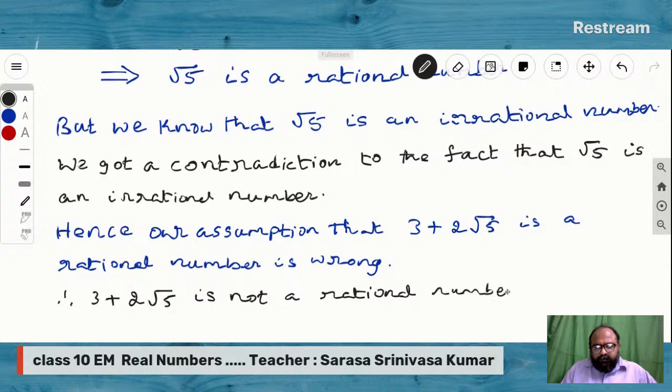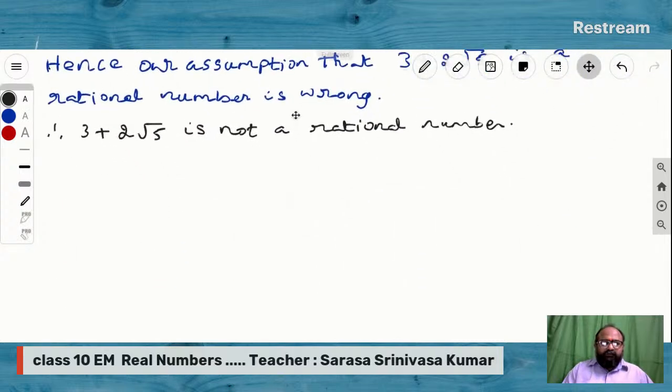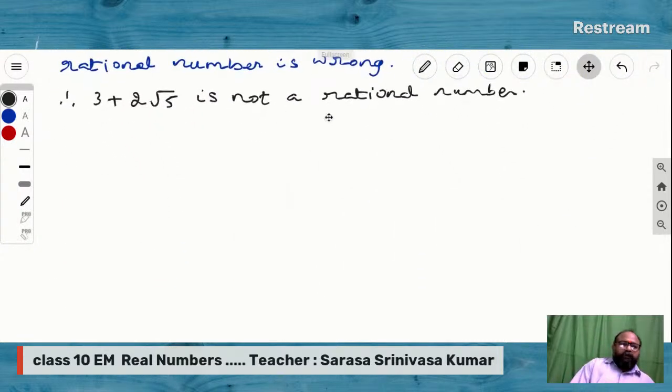Now we write the definition of an irrational number. What is the definition of an irrational number? A real number which is not a rational number is called an irrational number. So we write this step.